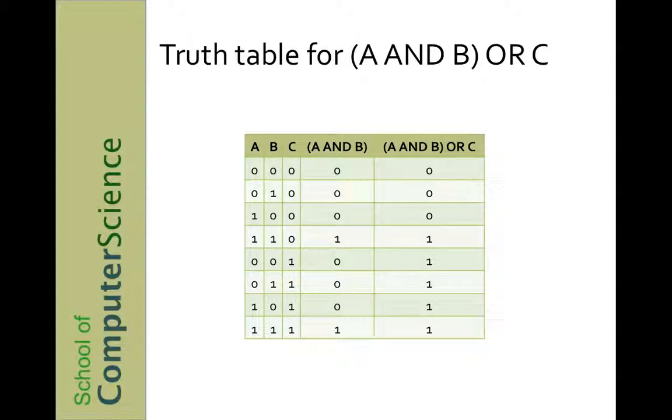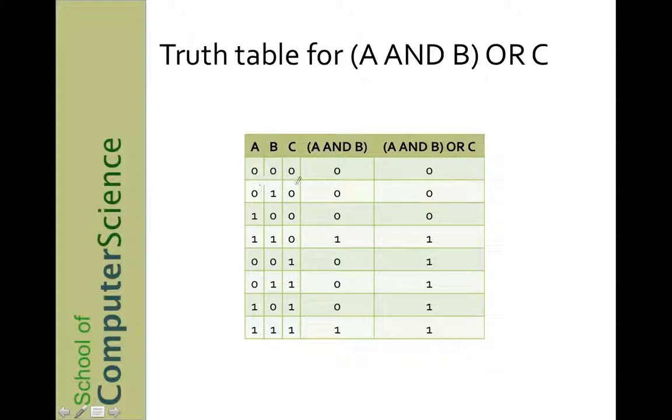Then we'd like to construct a truth table for this scenario, and so I'm going to look at this truth table for a little while. To start with, I draw out A, B and C and go through all the different values.